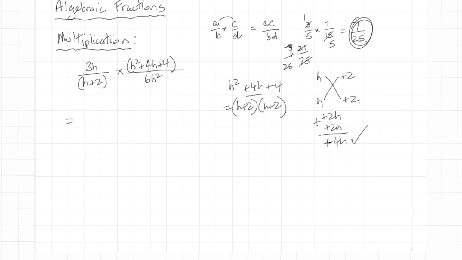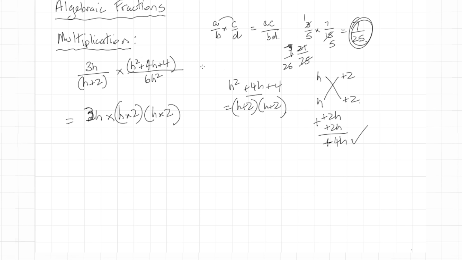So instead of that expression, h squared plus 4h plus 4, we can write h plus 2 times h plus 2. So let's write it all out again. 3h times, now instead of that, I'm going to write h plus 2 times h plus 2.